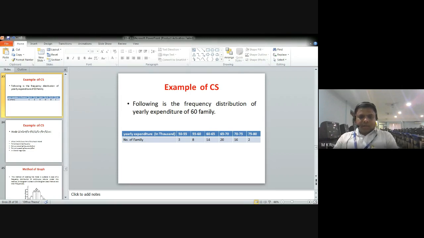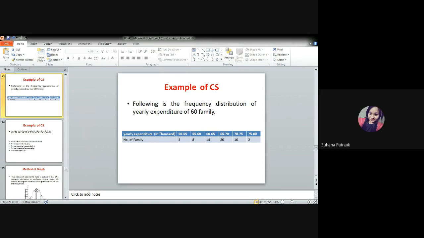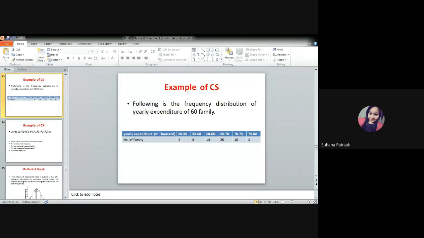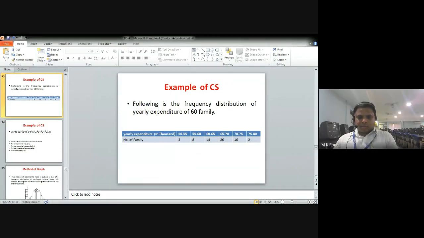Suhana Patnaik, are you there? What is your answer? Yes, sir. Sir, 68. Okay, Subham. Suhana, what is your answer? Sir, I was calculating, sir. Okay, fine. Sushil Sahu, are you there?